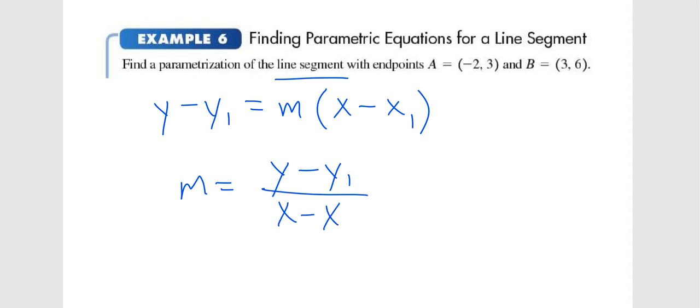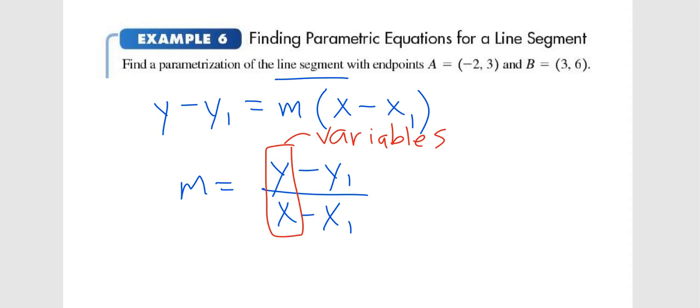So, what did I do to both sides of the equation? I divided by x minus x1, right? That's how I got that part to move to the other side of the equation. Does everybody understand that these are variables? An equation of a line has to have variables.